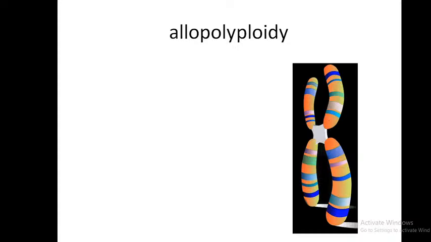Auto means self or same. So if the polyploidy is happening as a result of chromosomal sets received from the same species, that is called autopolyploidy.